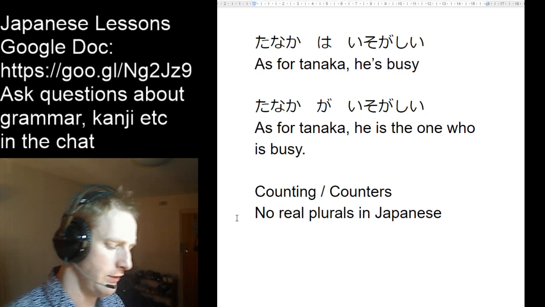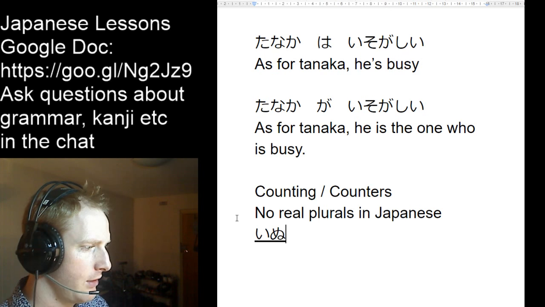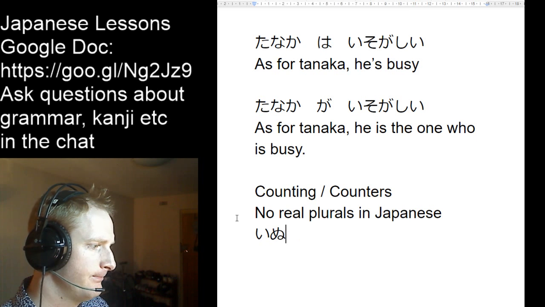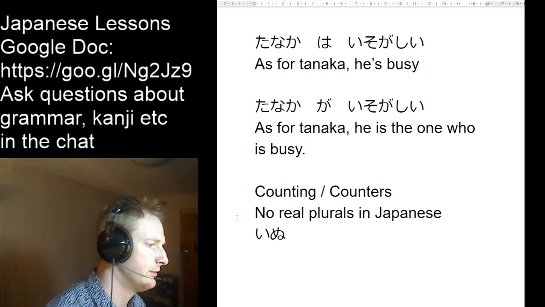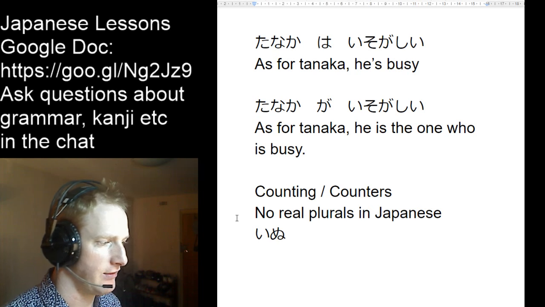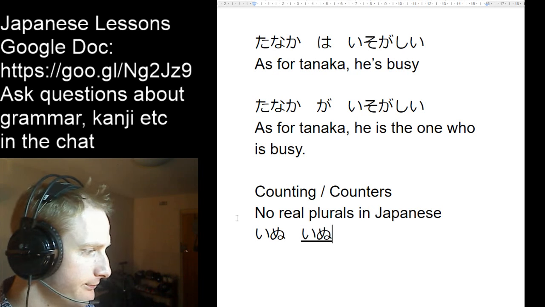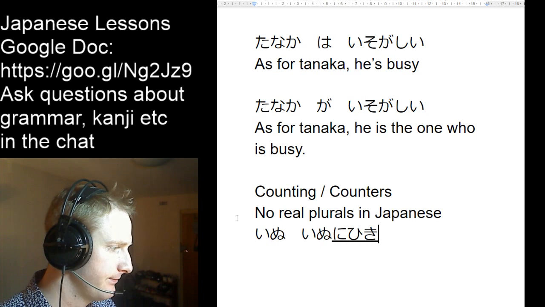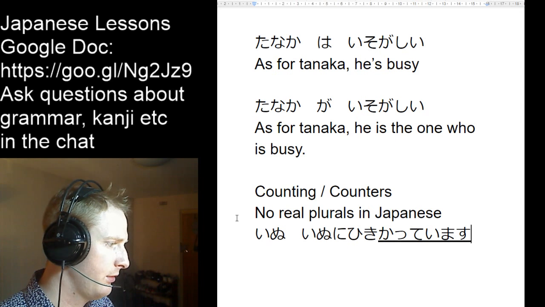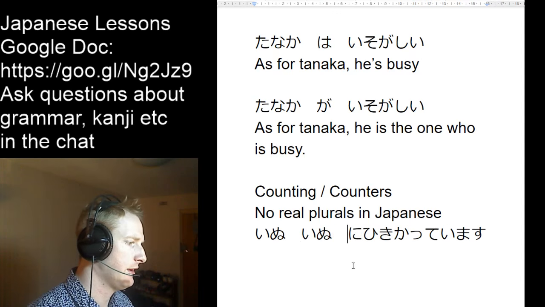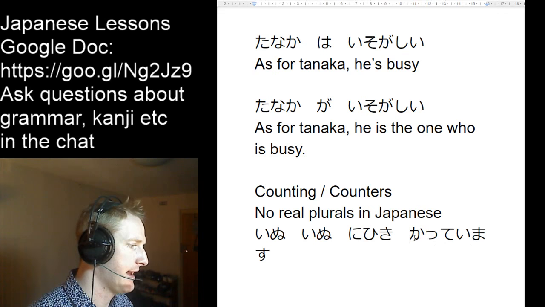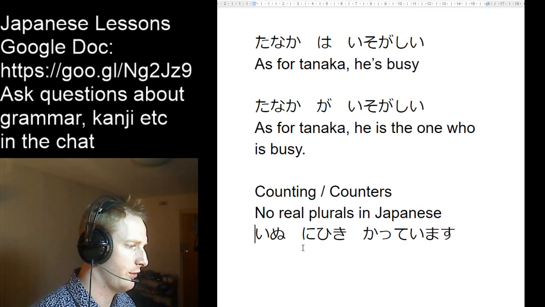So for example, if you say this word inu, this means a dog. But if you say something like inu 2匹 飼っています, inu is dog. 2匹 is our counter, as we'll see what that means in a second.